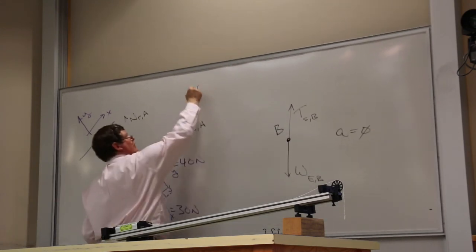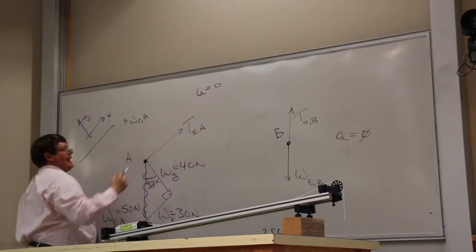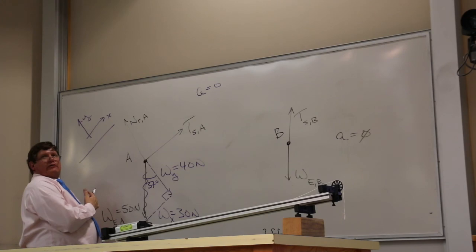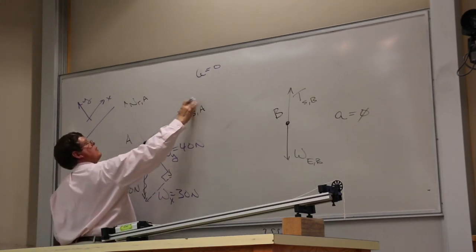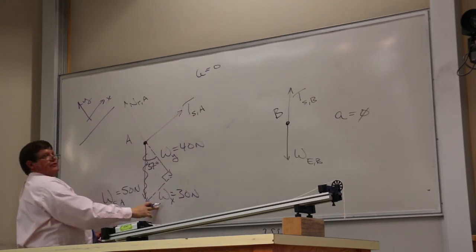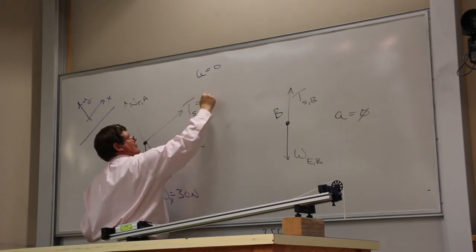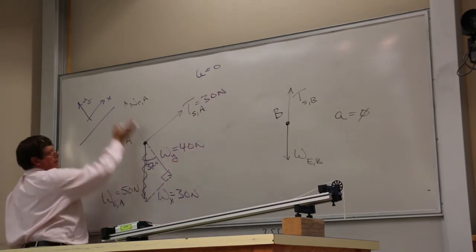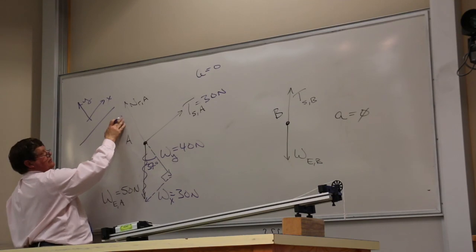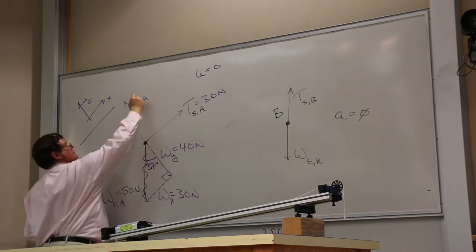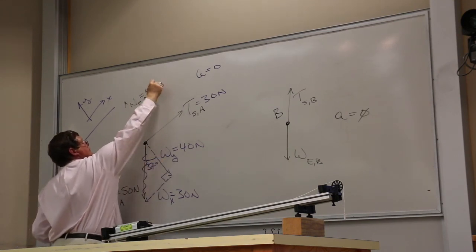Since this has 0 acceleration, I have to have balance in the x direction. In the x direction, I've got one force up the ramp, one force down the ramp, so this must be 30 newtons. In the y direction, I've got one force in the positive y direction, one in the negative y direction. This has to be 40 newtons.